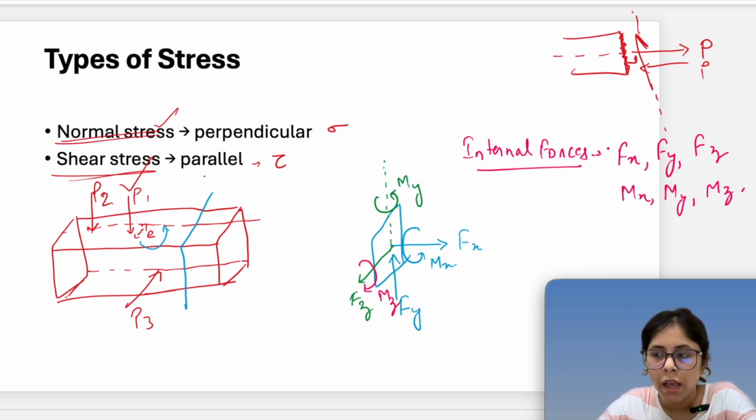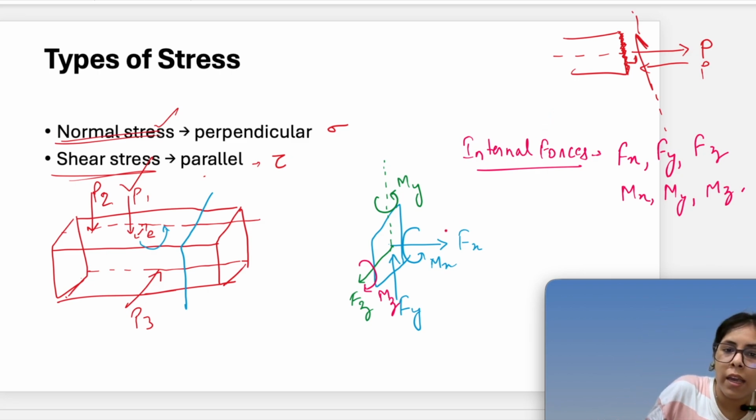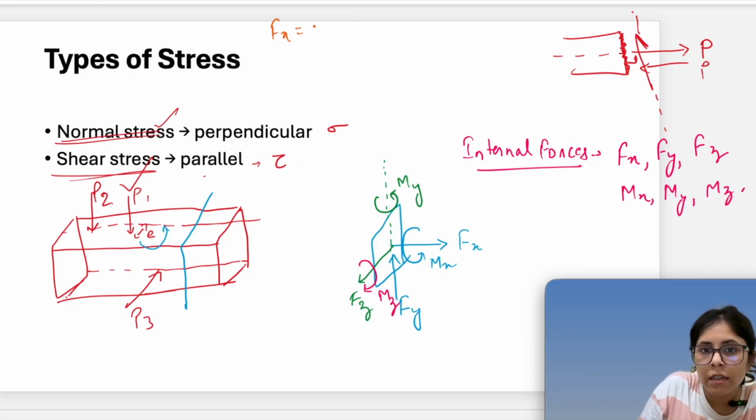These are internal forces. From the cross section, can I say that fx is a normal stress?